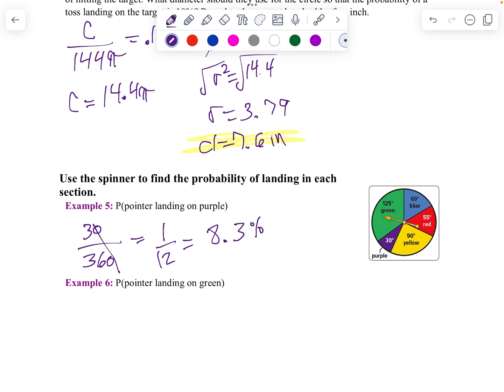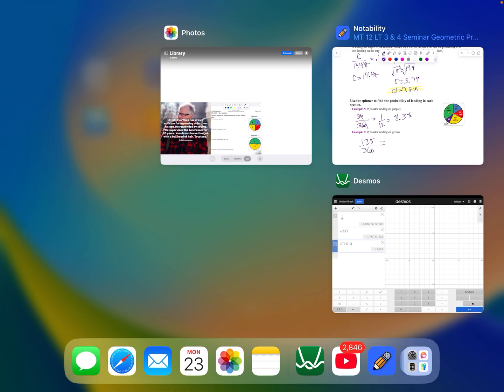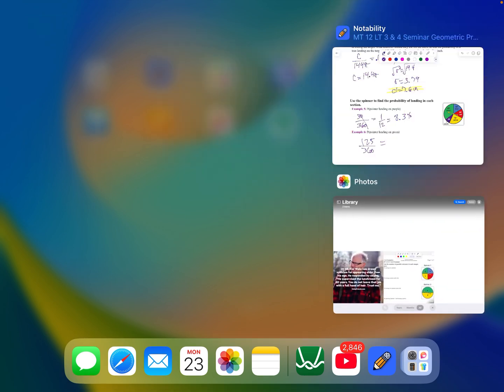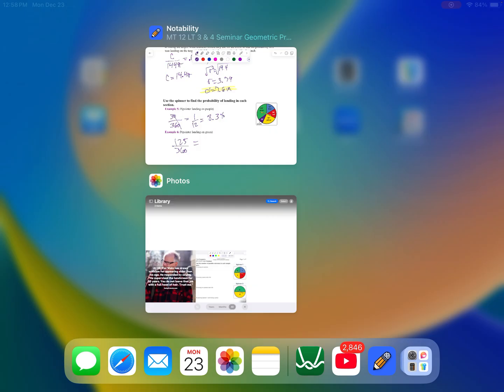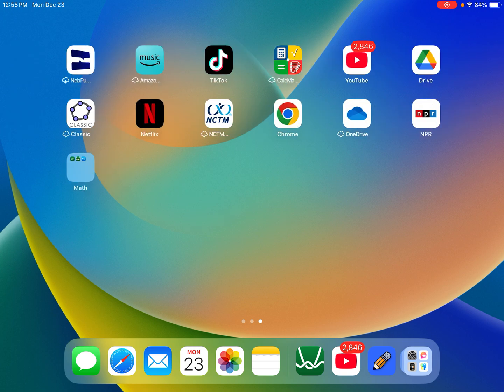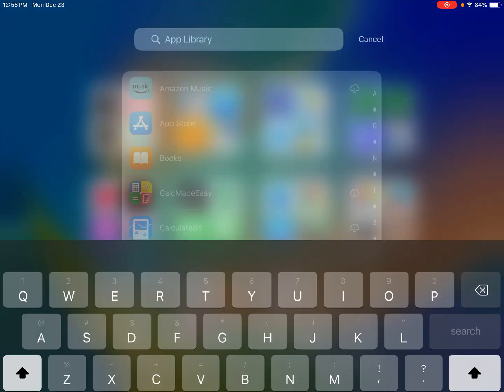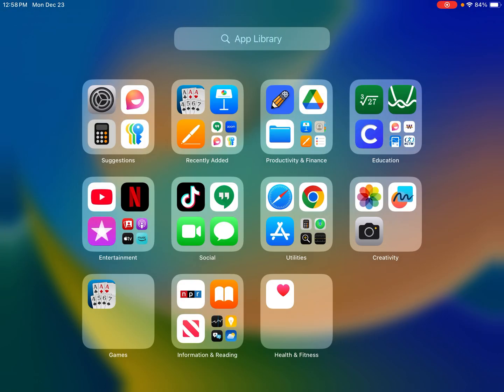And then if we do green, still divided by 360, but green is now 125, isn't it? So if I take 125 divided by 360, let's use the scientific calculator here.